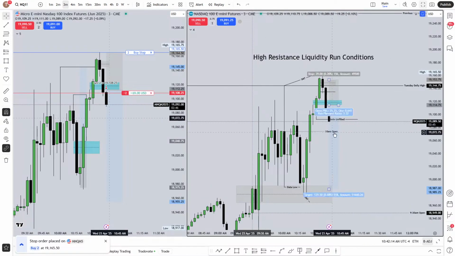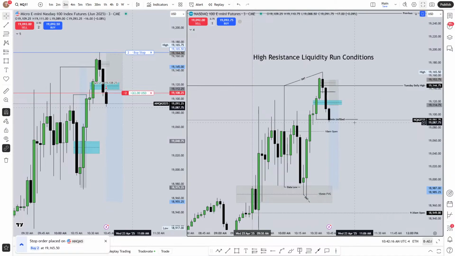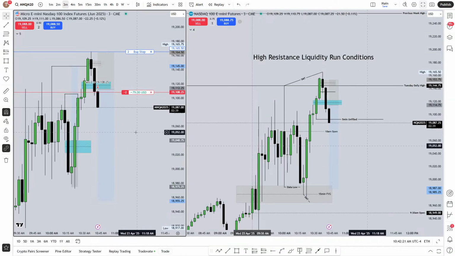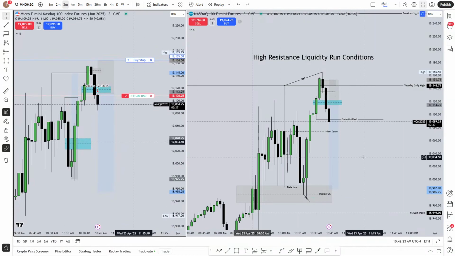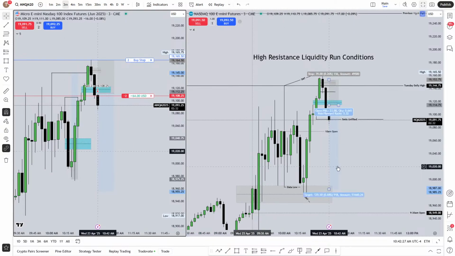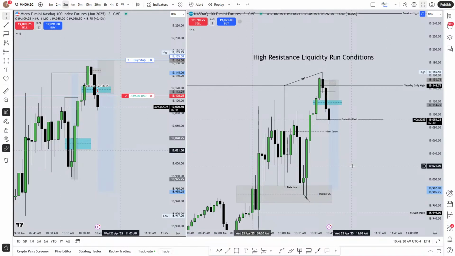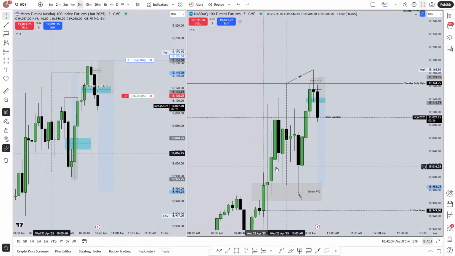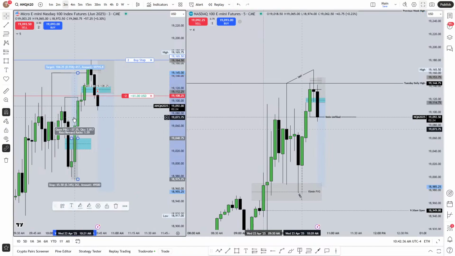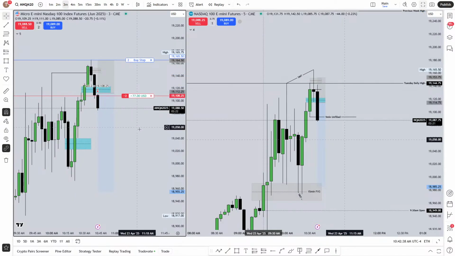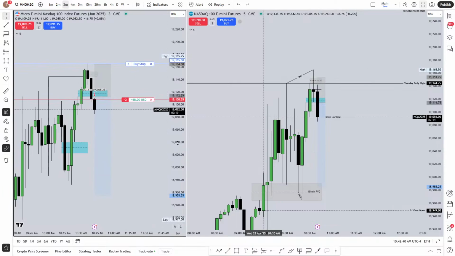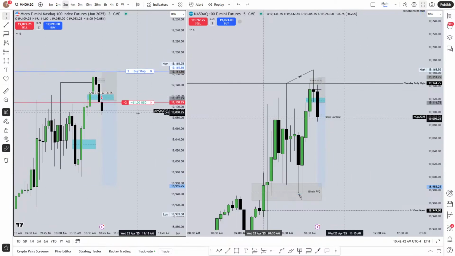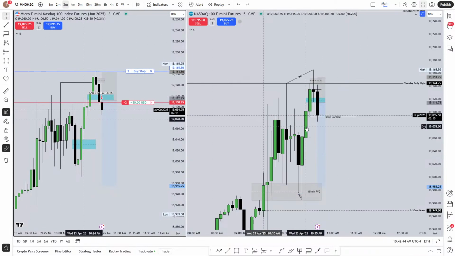Okay, so that 5 minute just got hit. This is really important to see how we react from this 5 minute. A part of me already wants to go break even just because this market's just been going higher and we just hit this 5 minute.